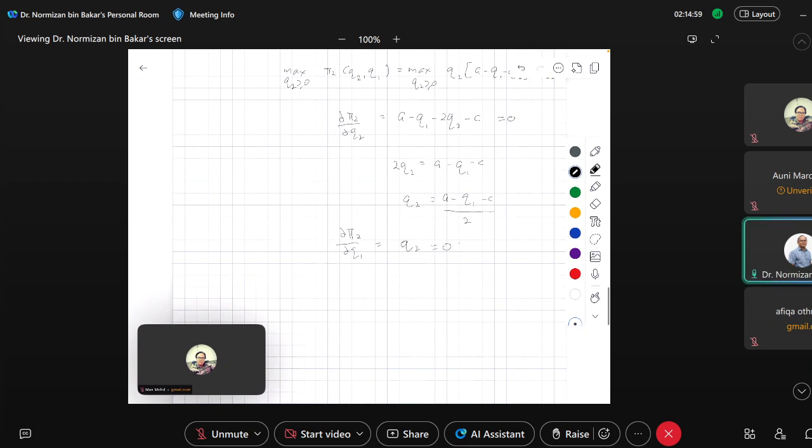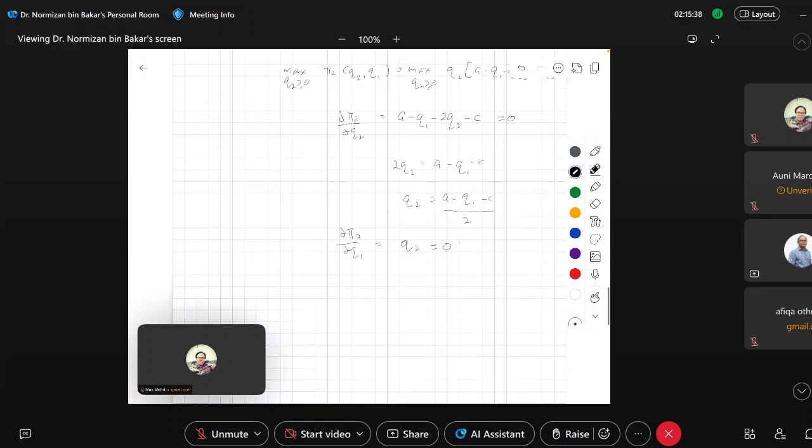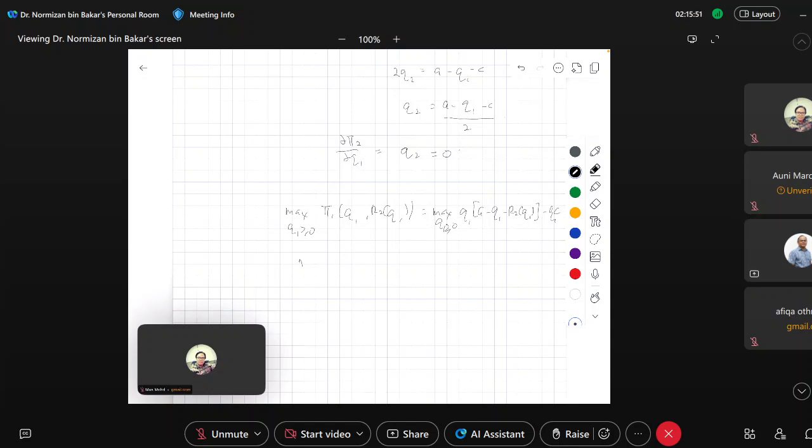And we go to the first stage: max over Q1 greater than 0 of pi 1, which is Q1 times (A minus Q1 minus Q2) minus C times Q1.